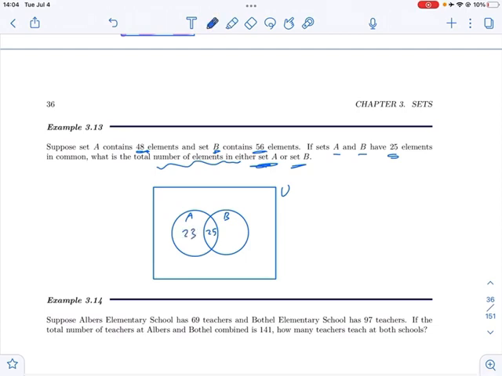Those are the elements of the set A but not in the set B. Also, we have 56 in set B, but we already have 25 here in common with A, so we subtract this from 56, and that's 31. Okay, now the question is, what is the total number of elements in either A or B?